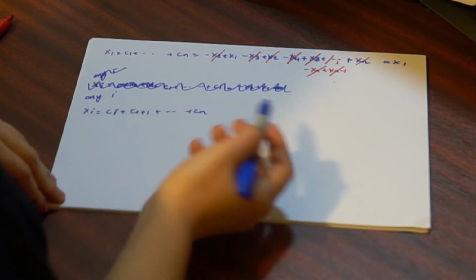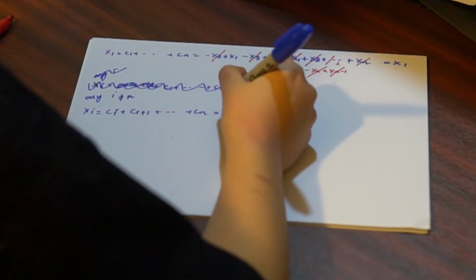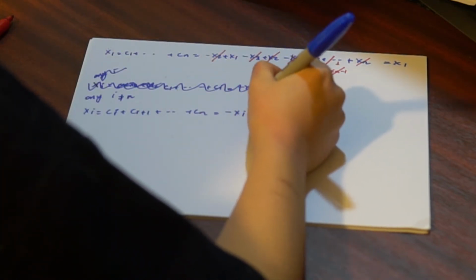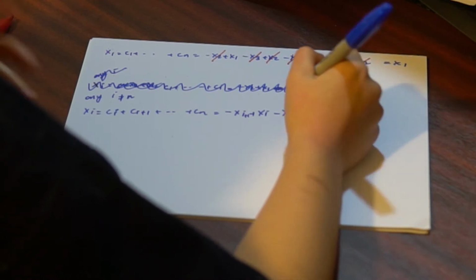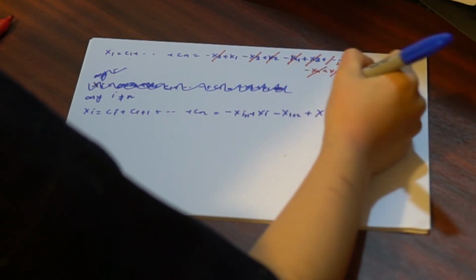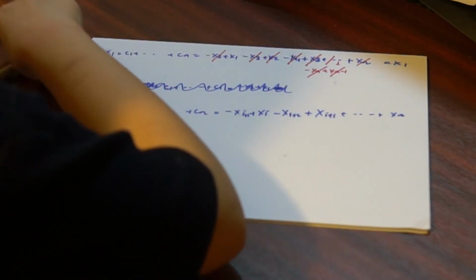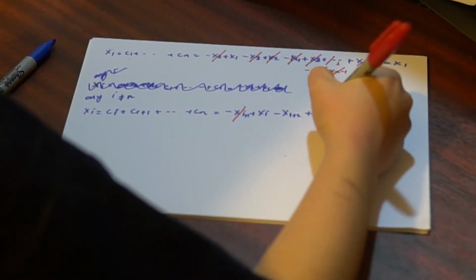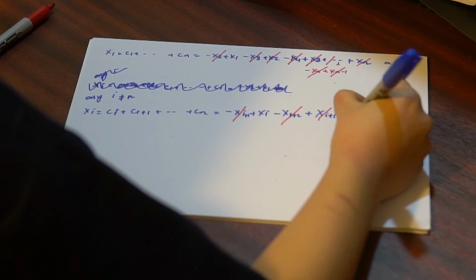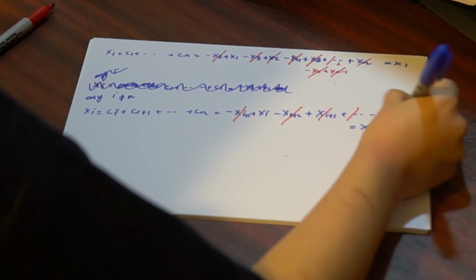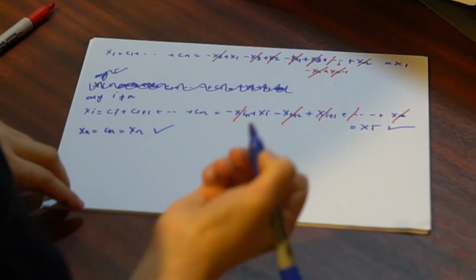So we will have ci to cn, and this one will be ci is minus x_{i+1} plus xi, minus x_{i+2} plus x_{i+1}, and it goes like that till xn, and again they all cancel, and this will also cancel, so we will have xi. This is also true, and xn is equal to cn, which is xn. This is just true.